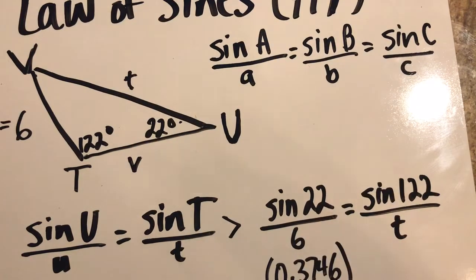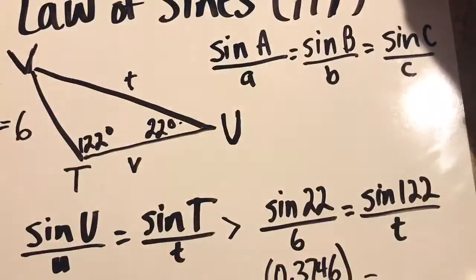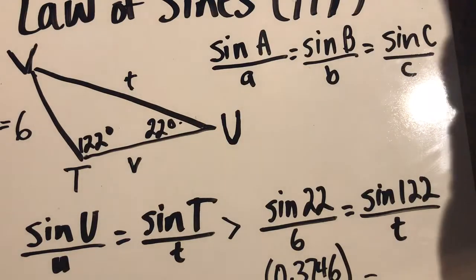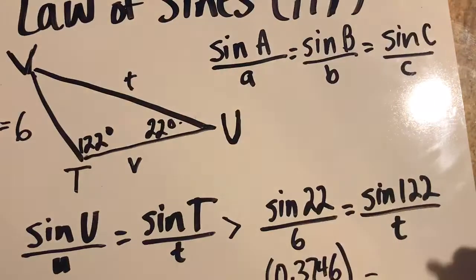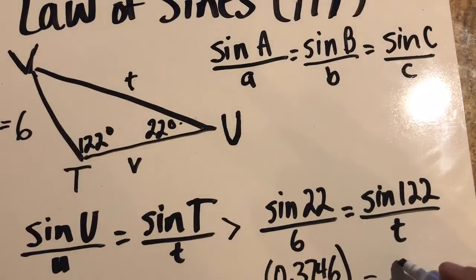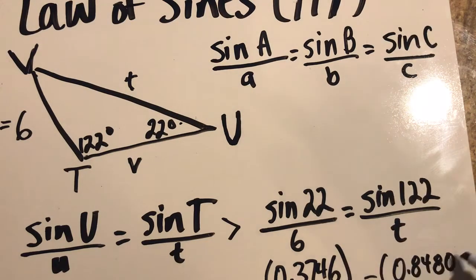So the 6 stays here, and then the sine of 122 is 0.8480, rounded to the nearest 10,000th.